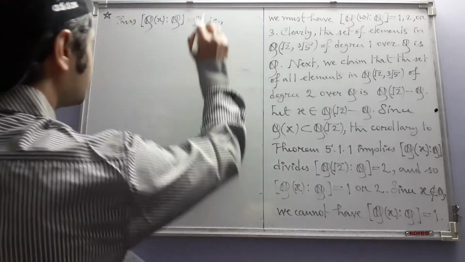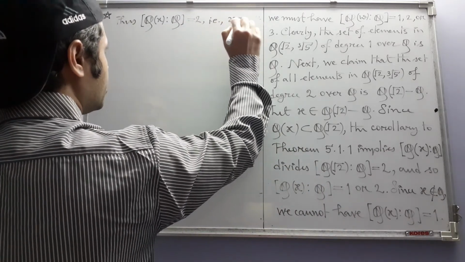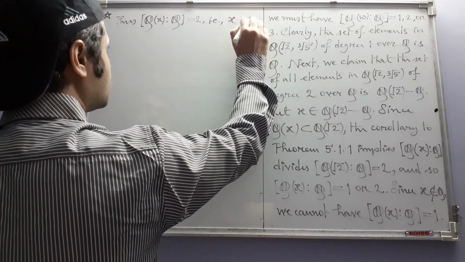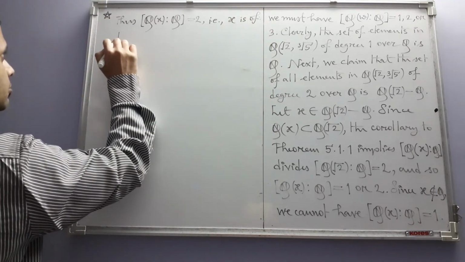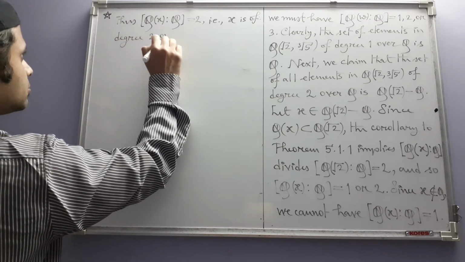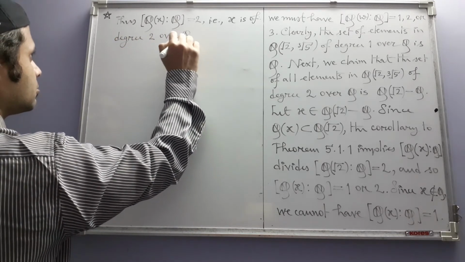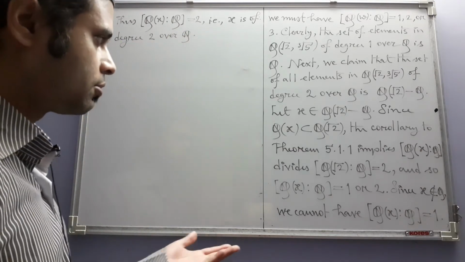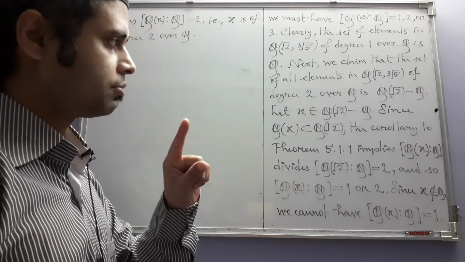That is, x is of degree 2 over Q. So that is one half of our claim.